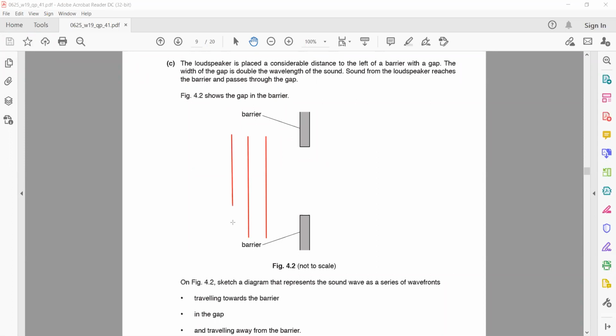So when the wave is passing through, we want to draw the wave which is traveling towards the barrier, the wave which is in the gap, and the wave which is traveling out from the gap.